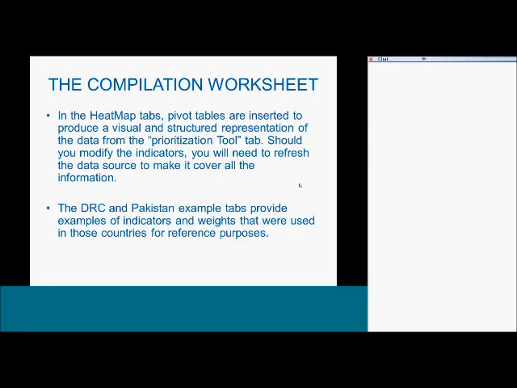So the range of the pivot table is exactly the same as the prioritization tool tab. If the indicators are modified or you add some indicators, the IMOs will need to refresh the data source to make it cover all the information that you need if you want it to be aggregated in the pivot table.